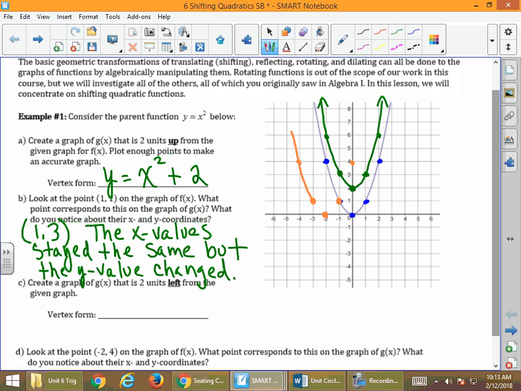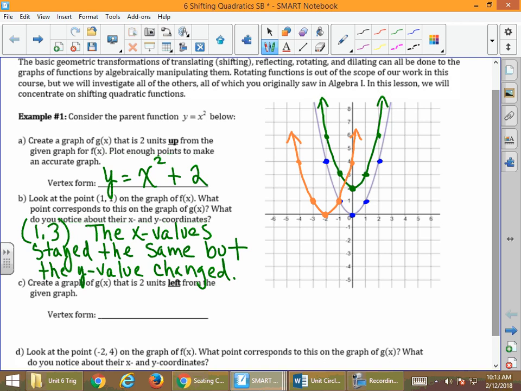And notice here that all of our pictures look remarkably similar. We're creating a transformation. In this case, what we've done is we've moved the graph somewhere, but we haven't changed its basic shape or even its orientation.